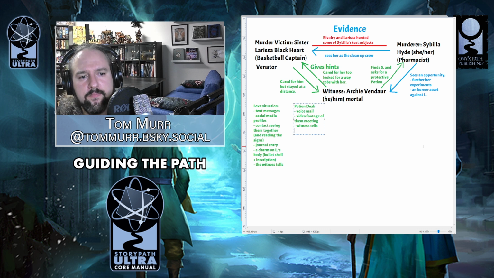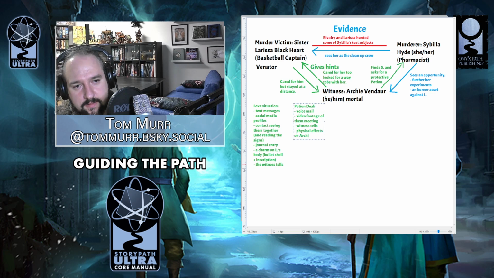The potion deal. Oh, of course. I am a silly man. The potion, the super drug that Archie receives, has physical effects that can be seen on Archie. Poor guy.